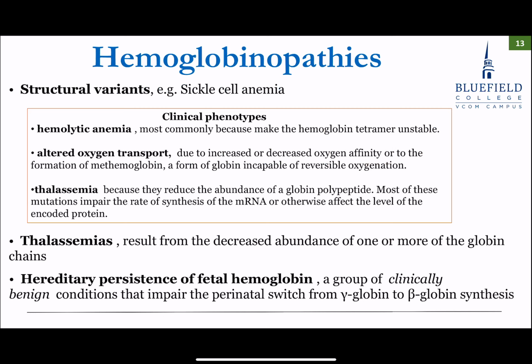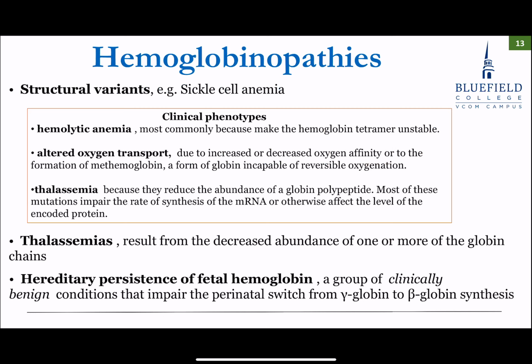So this is about structure change, and then we have thalassemia that results from decreased abundance of one or more of the globin chains. And finally, we have HPFH, which is hereditary persistence of fetal hemoglobin.